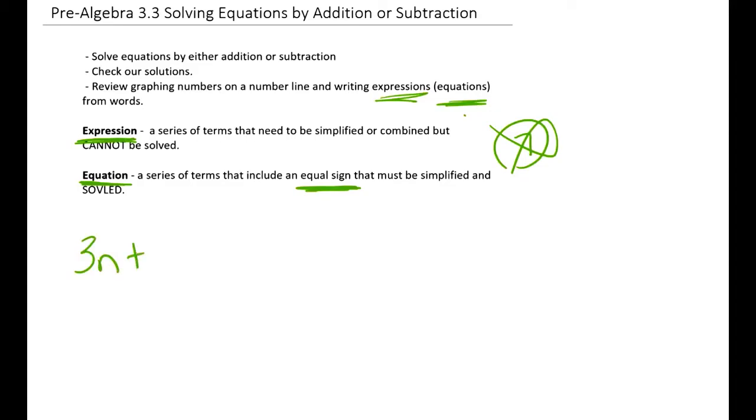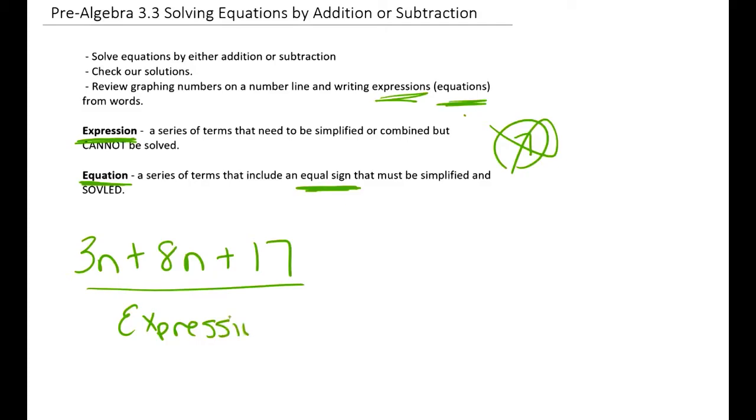Remember, we were learning how to combine like terms, and this is an example of an expression. Notice I have several terms here, but there's no equal sign. So I simply combined my like terms, and this is the simplified form of the expression.